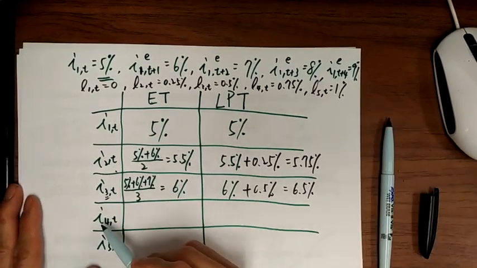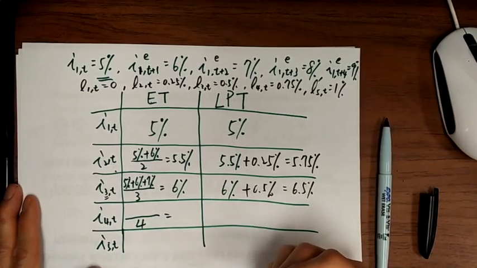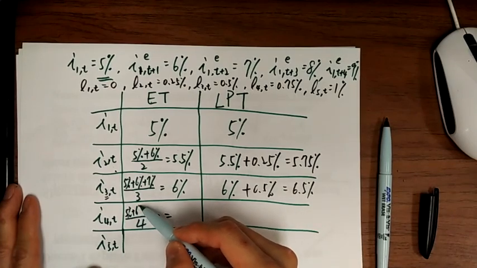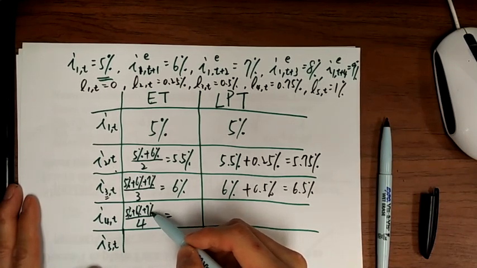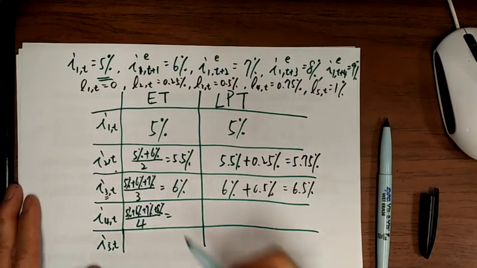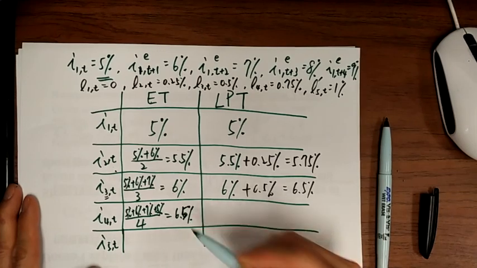Doing the same thing, 4-year bond interest rate, average of 5, 6, 7, 8. The average is 6.5%.